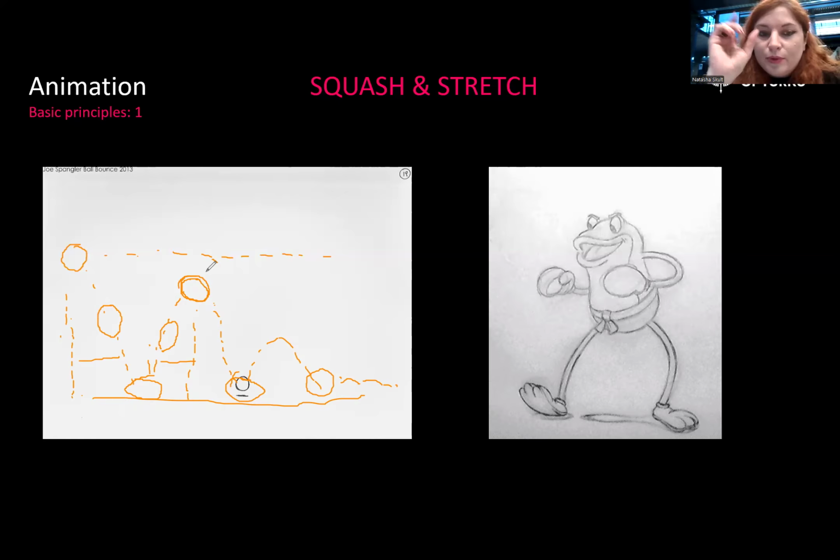So the really important part to have here, in these situations in the air, is a moment of slowdown, basically a pause, to make it more believable. And then the same thing goes here, maybe not that different compared to what it was here. But this is where it gets back to its original shape, stays for a moment in the air, and then starts falling down.